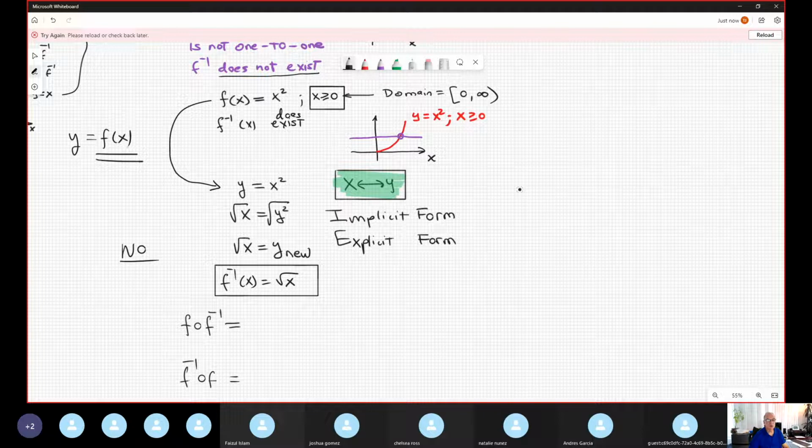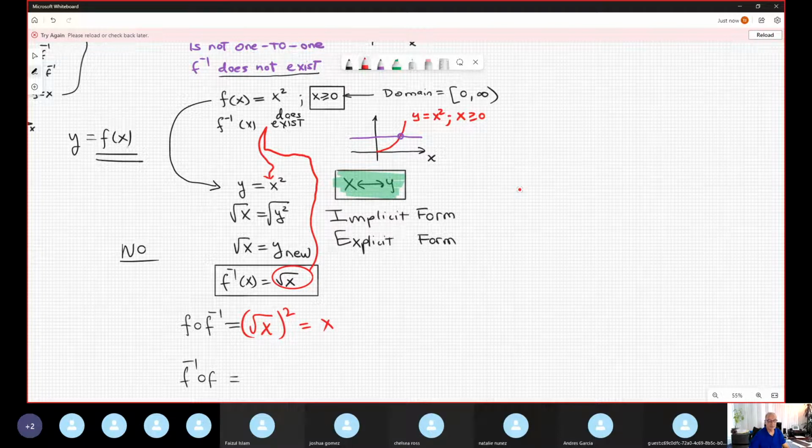So in that scenario, the inverse is first. Use substitution in this expression here. So you write square root of x, squared, which is x. This will be x, the identity function.